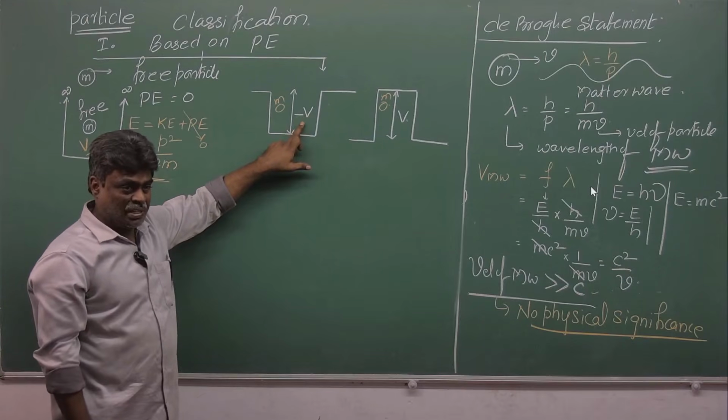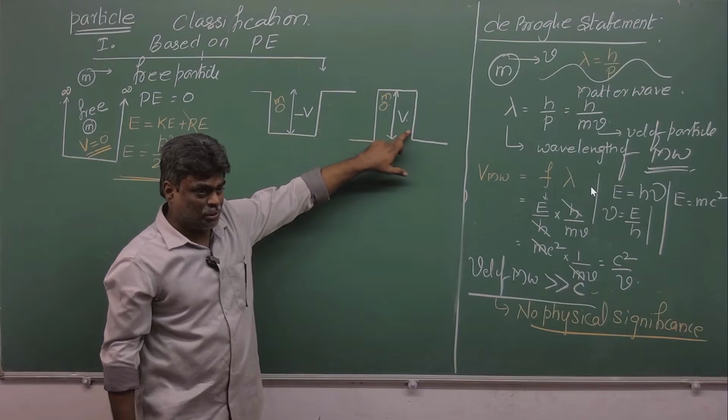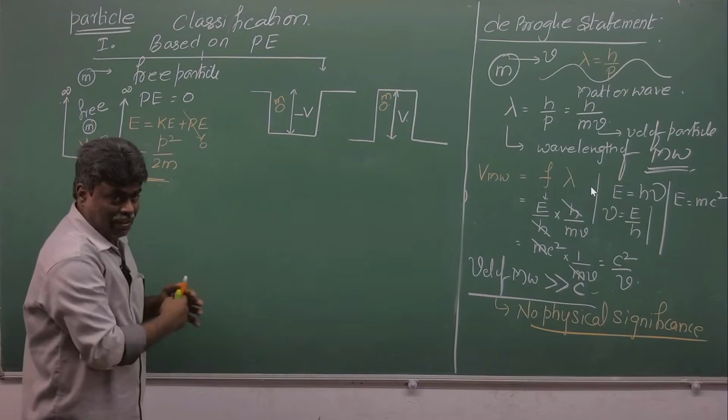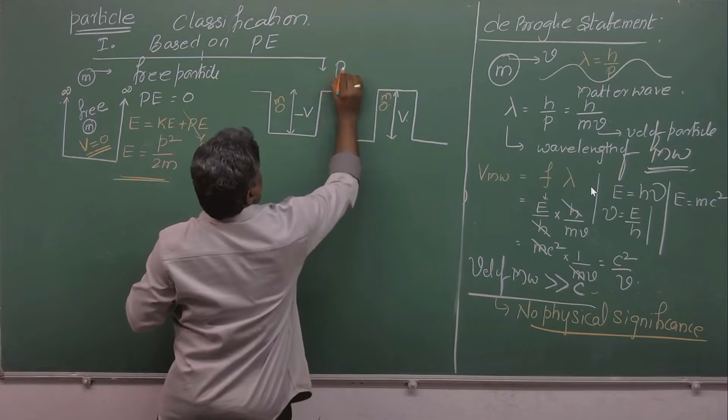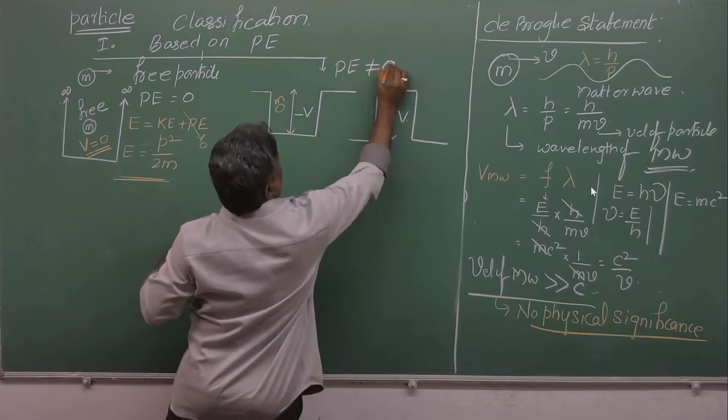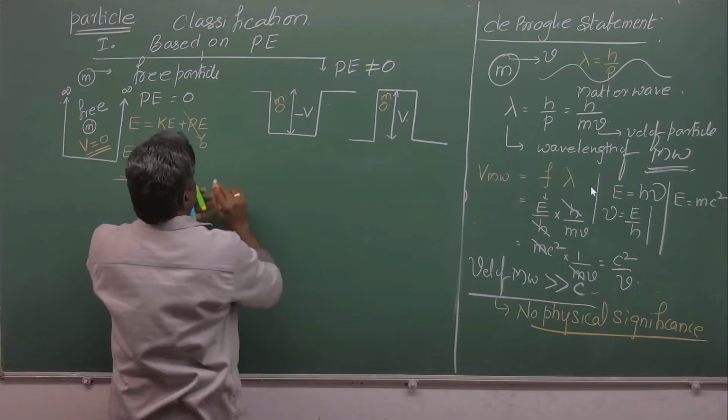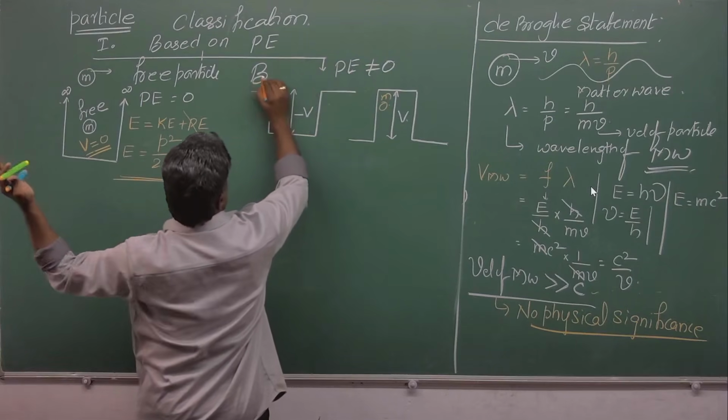This is a negative potential, attractive, and this is a positive potential. Now in this case the potential energy is not equal to 0. Then the particle is said to be bound.